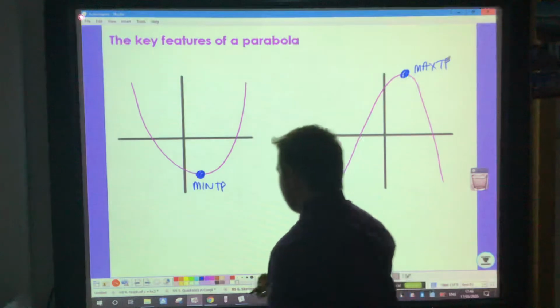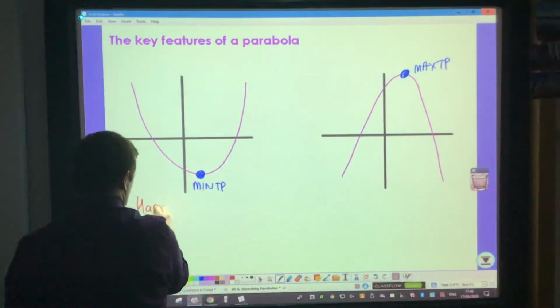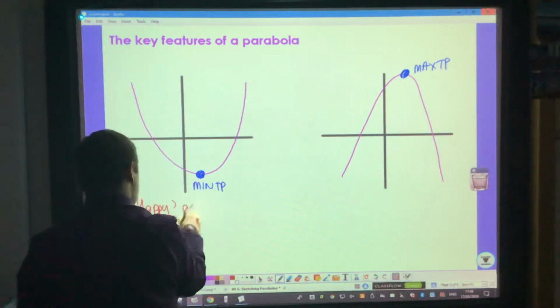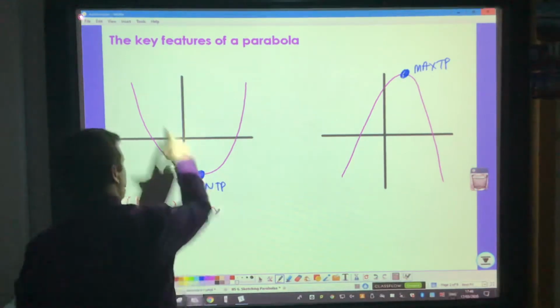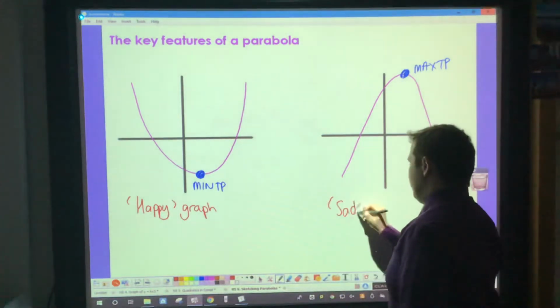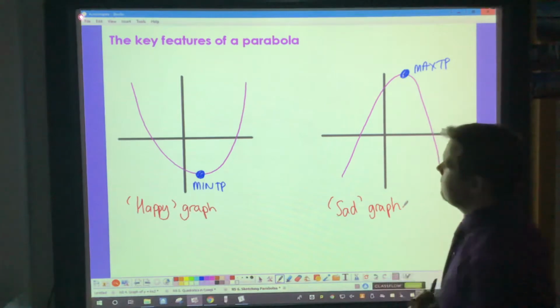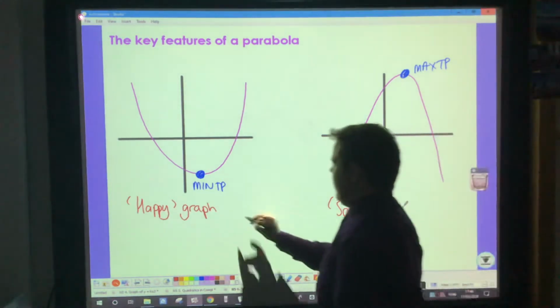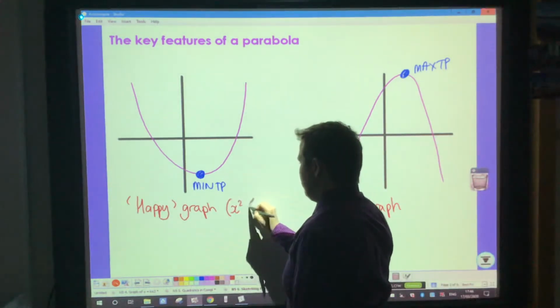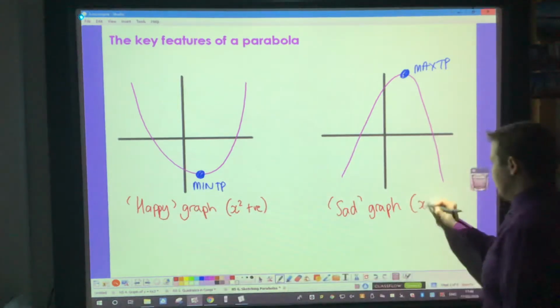One thing to observe, we call this a happy graph, because it looks like a big smile. And this looks like a sad graph. And this is where x squared is positive, that'll make sense, positive being happy, and this is where x squared is negative.